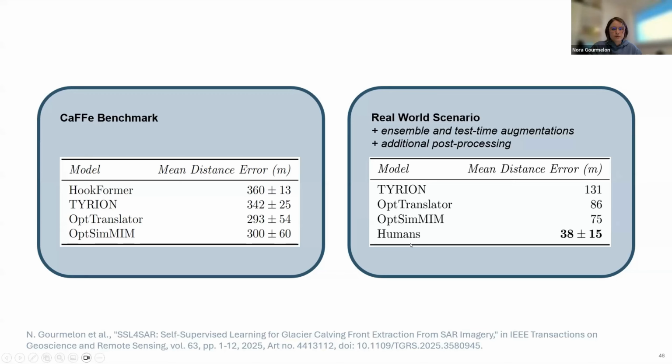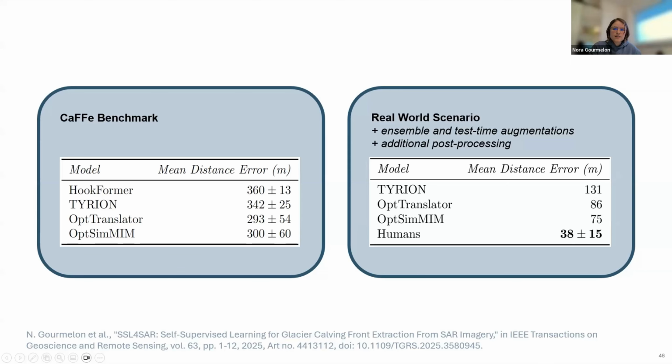So as it was done for the humans, we also do it for our models. And then we did ensembling and test time augmentations to get even better results. And with that, our best model here, it's pre-trained, has a mean distance error of 75 meters, which is very close to the human performance of 38 meters.